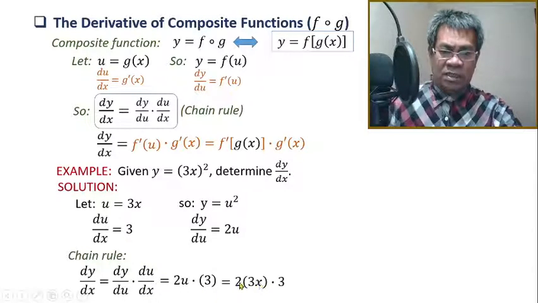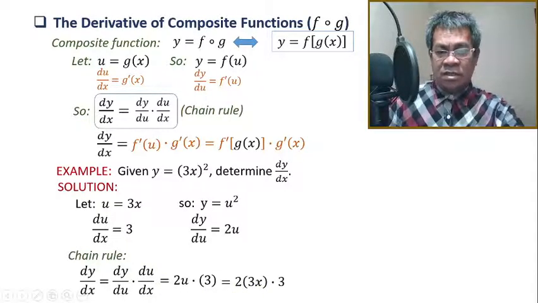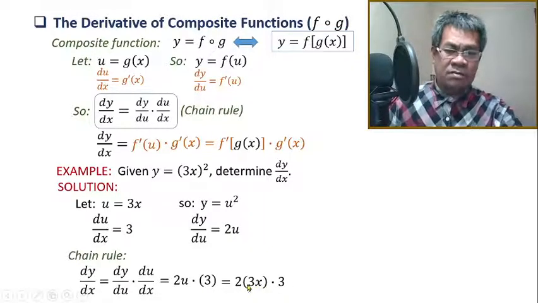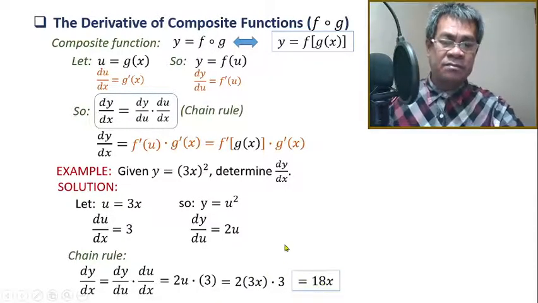By the way, as I've said, u is not included in the answer, so we will replace u with the assigned 3x. Therefore, this becomes 2 times 3 times 3x, which is 18x. And this is the answer.